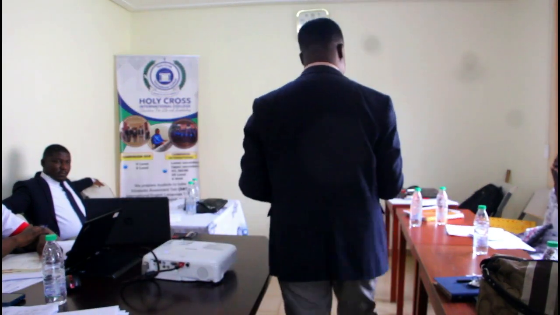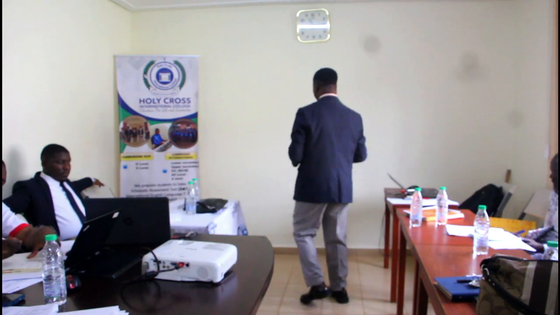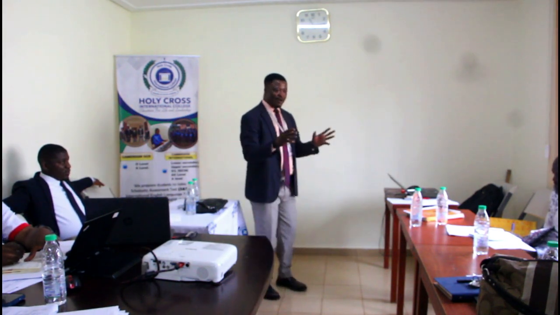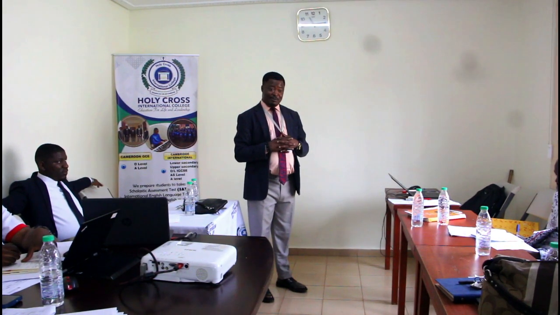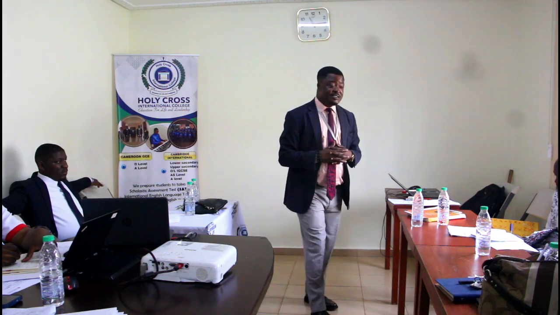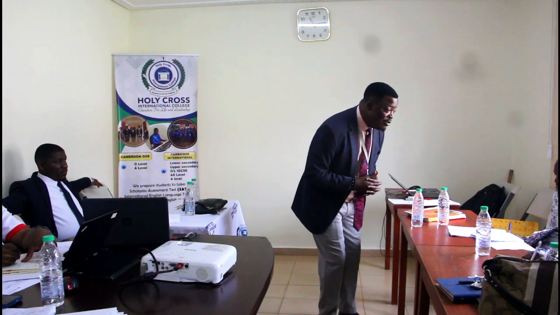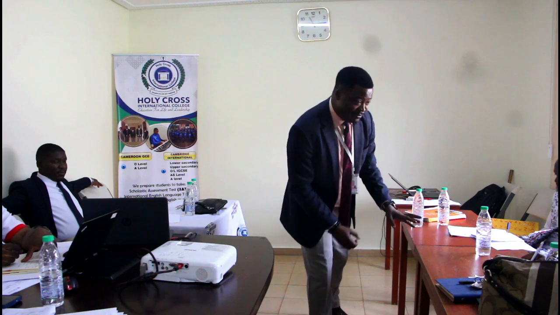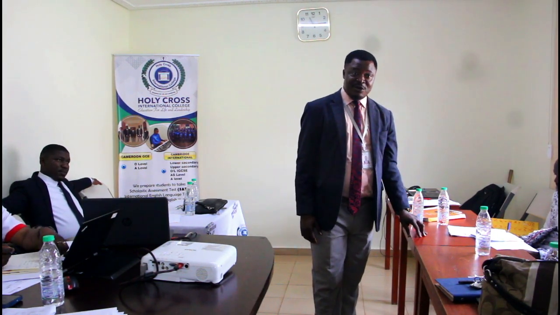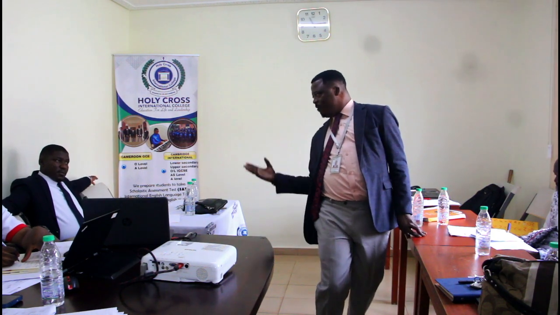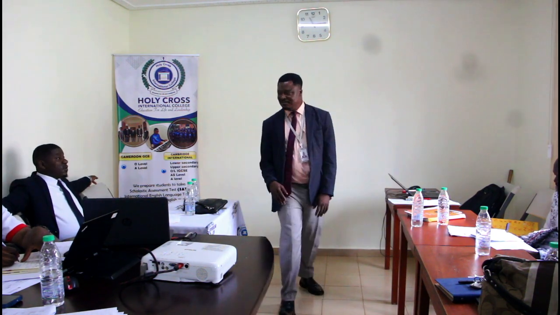Now, what do we expect from these groups? Let's take the example of the outcome group. Outcome group members, we want you to give us tips that we can use to differentiate outcome. We want you to give us 4 tips.